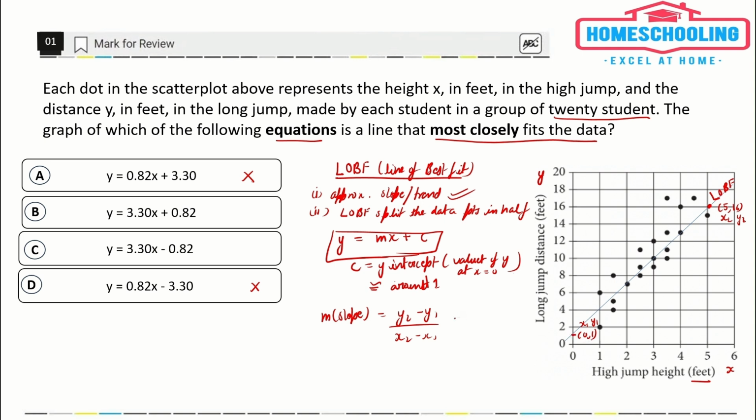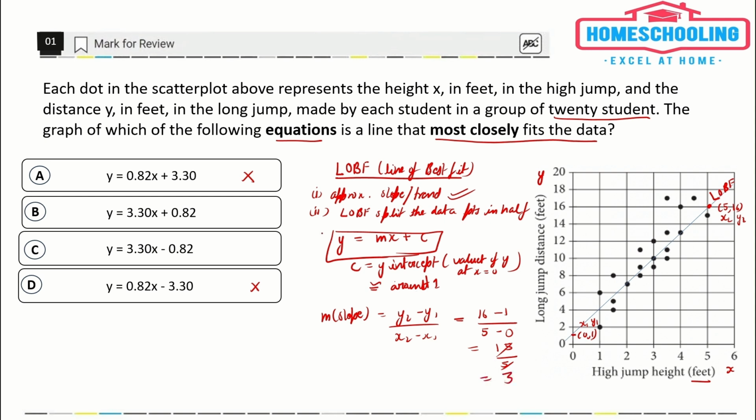So the slope is y2 minus y1 divided by x2 minus x1. y2 is 16, y1 is 1, x2 is 5, and x1 is 0. So it is 15 divided by 5, which is 3. So the slope is 3.